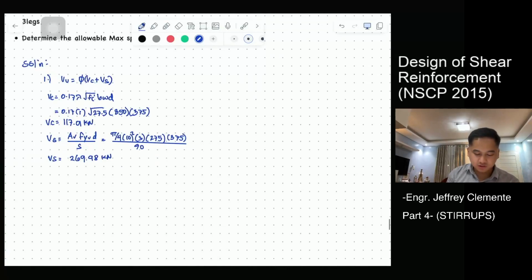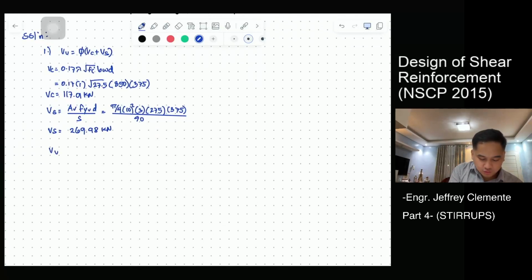Okay? So, since meron na tayong Vs and Vc, we can get now the Vu. This is just phi times Vc plus Vs. Therefore, this is just 0.75 multiplied by 117.01 plus 269.98. Then the answer, Vu, would become 290.24 kilonewton.